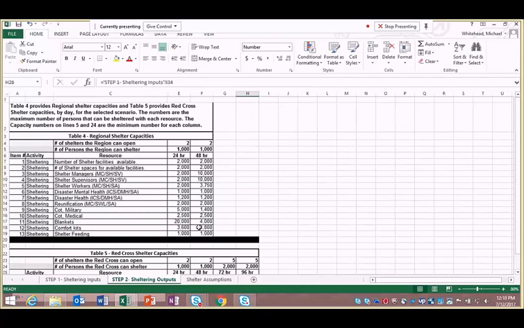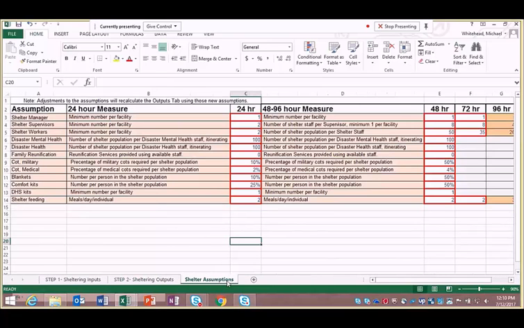Now, these resources are calculated according to the assumptions in the Shelter Assumptions tab. In the 24 and 48-hour period, they're going to be established according to minimum service standards.